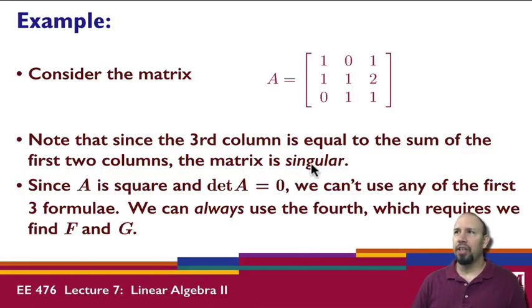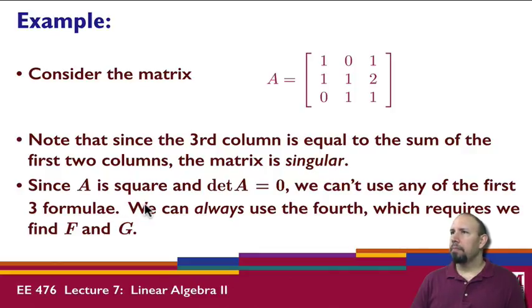It's square and singular, determinant 0, so we can't use any of the first three formulae, because they require that either all the rows are independent or all the columns are independent, in which case we can compute it. But in this case, we don't have independent rows or columns.